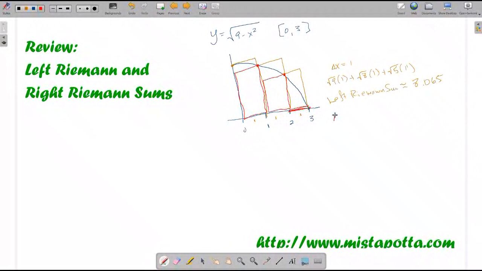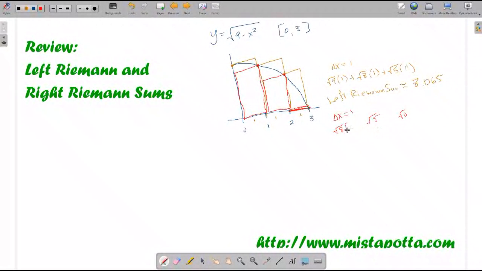And so again, because delta x in my case is 1, for my right Riemann sum I'm going to be looking at my right endpoints, which were radical 8, radical 5, and square root of 0.